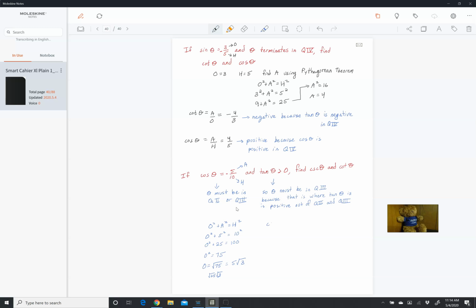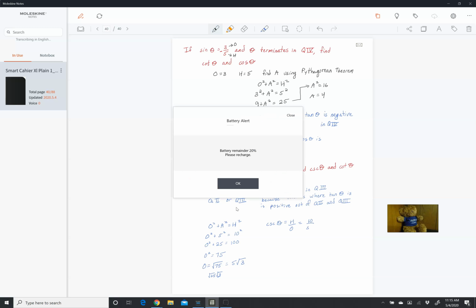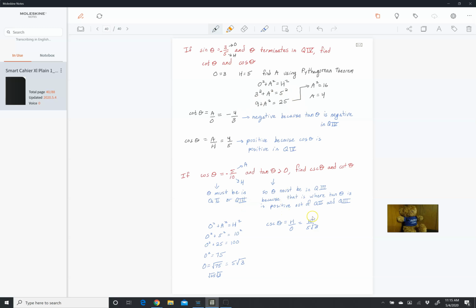So cosecant of theta. Well, cosecant is hypotenuse over opposite. And this is telling us it's 10 over 5 root 3. Now we can reduce this, because 5 goes into 10 twice. So this becomes 2 over the square root of 3.